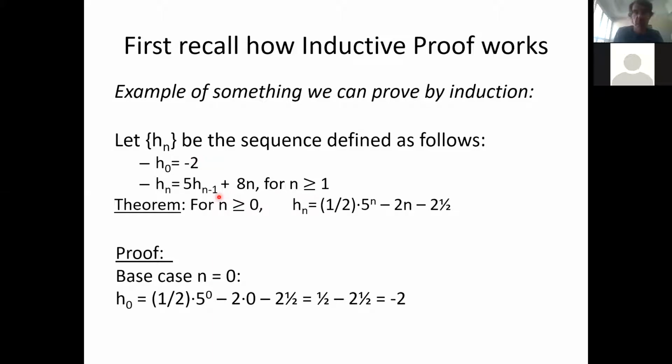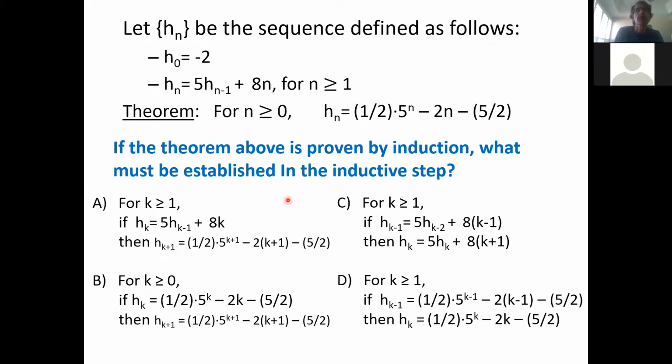Okay, what about the recursive step? So here it is again, the recursive definition of the sequence and a claim. And now let's do a little voting. Which of these four variants describes what should be done in the inductive step of the proof?